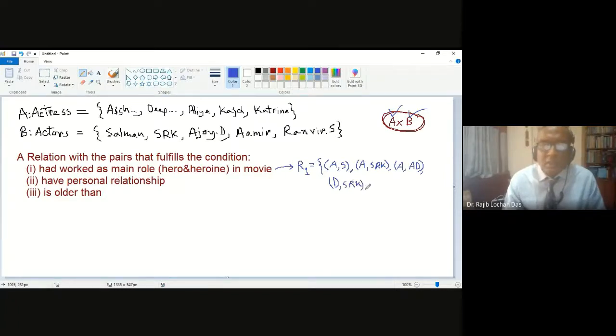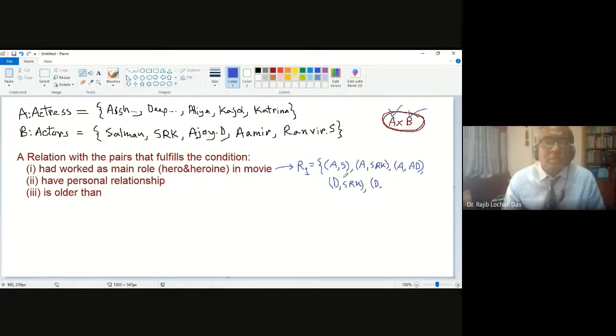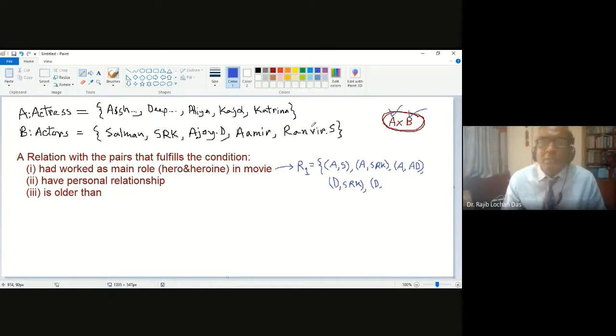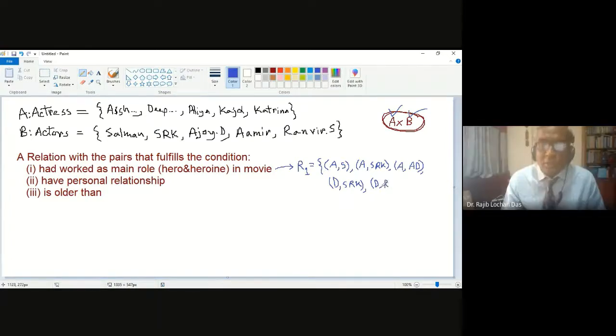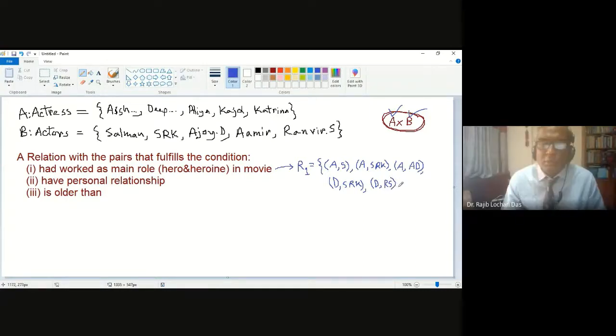Deepika and Ajay Devgan, no. Deepika and Aamir, no. Then Deepika and Ranbir Singh, yes, they are married. In this case we are not talking about married. They are a pair in a movie. We are talking about movie hero and heroine. Okay, so that is all.